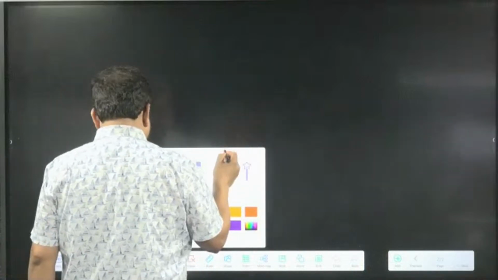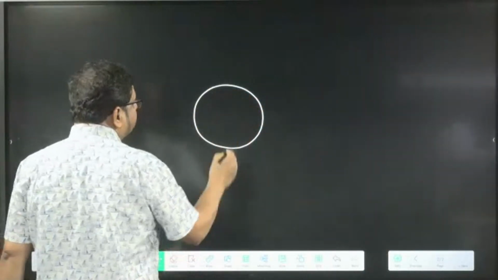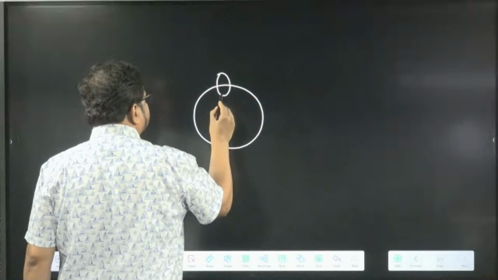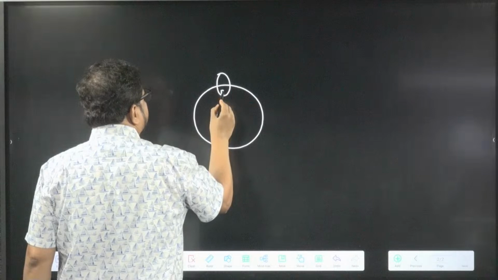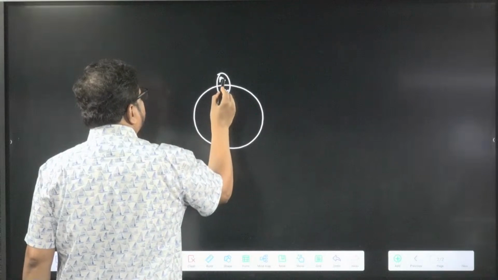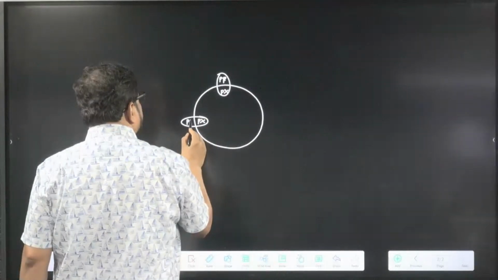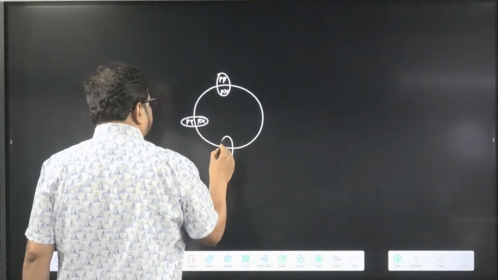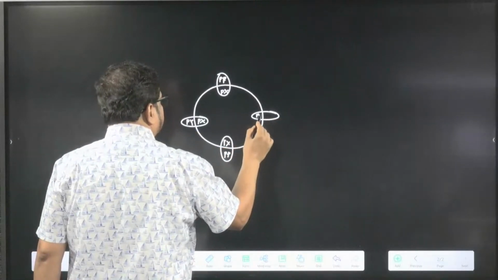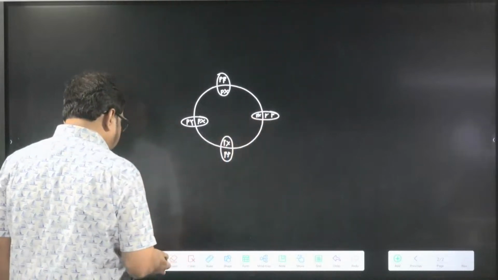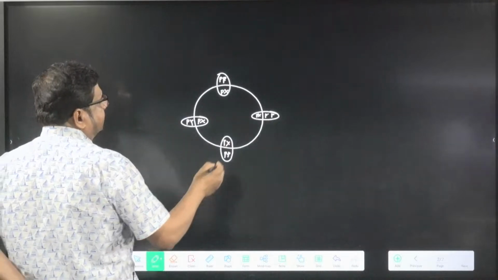So assume here this is the vascular cambium ring, and here it is xylem. You can say primary xylem, and here it is primary phloem. Like here I am writing primary xylem, primary phloem. Now in the vascular cambium ring, there are two types of cells.